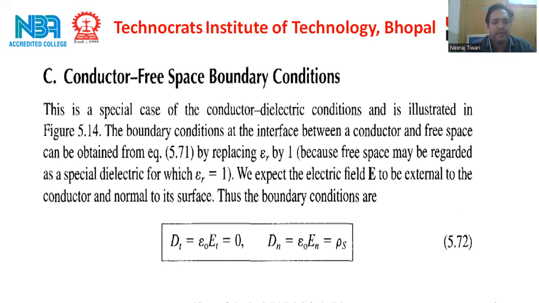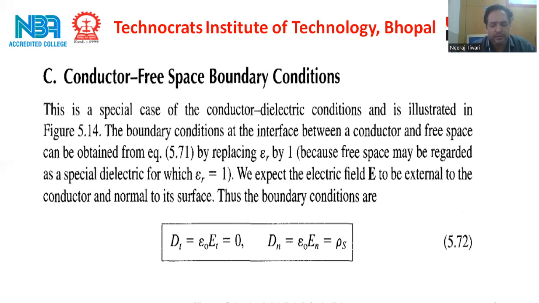You have to keep in mind that in case of free space you have to put epsilon r is equal to 1. What formula have we derived from the previous section? It's the conductor dielectric boundary conditions.